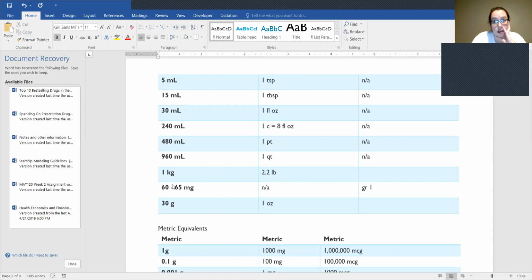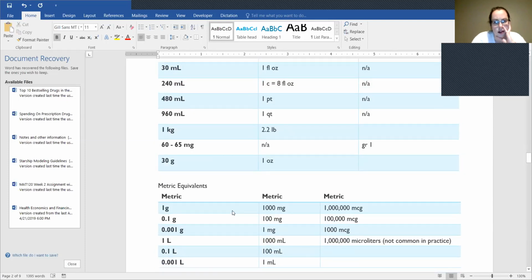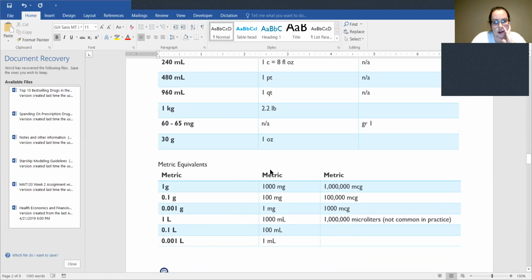So this applies to water and dilute water solutions like normal saline or D5W. It's a close enough approximation. But there's that. So in the metric system, we've got a gram, which is 1,000 milligrams.